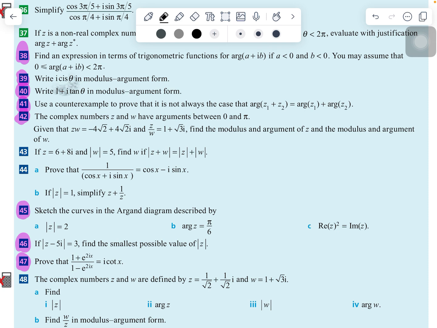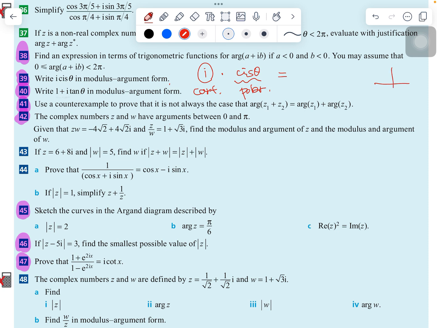So this one is multiplication. Now i and cis theta: cis theta is polar, i is Cartesian. So we need to change something, but this is a multiplication, so maybe polar could be better. And also the last form will be polar. So let's go to polar.